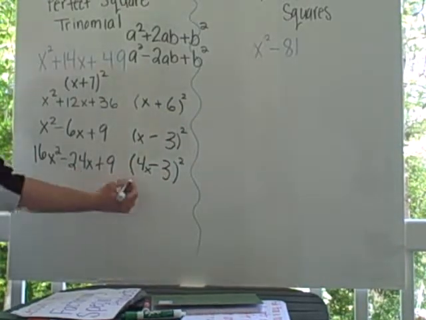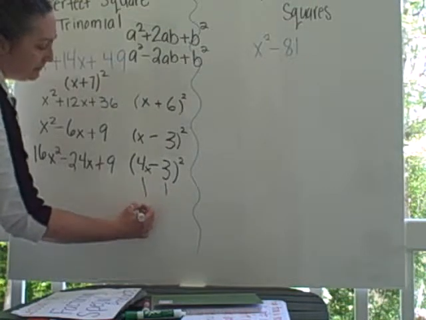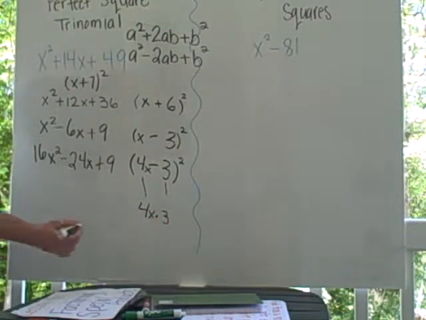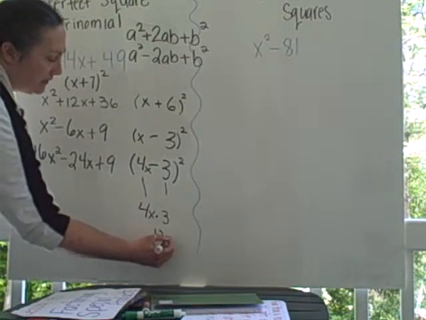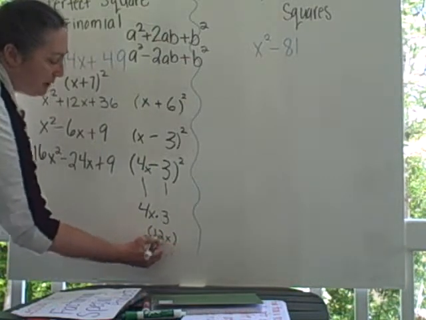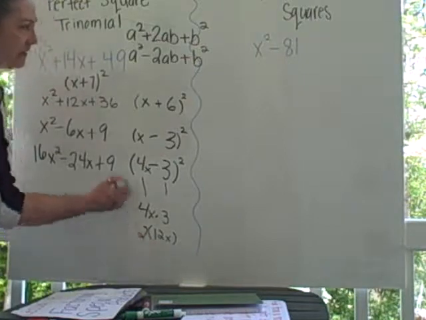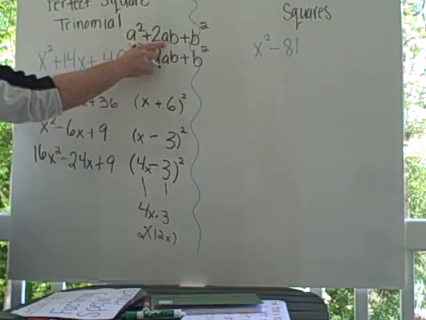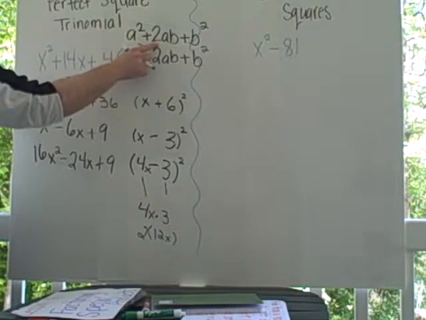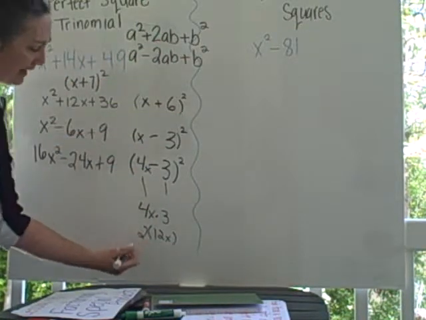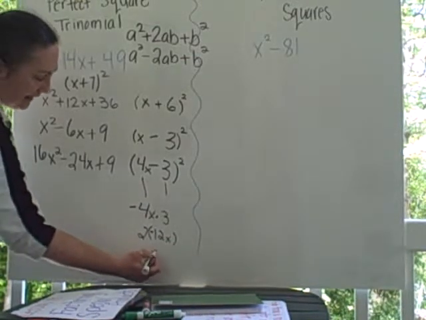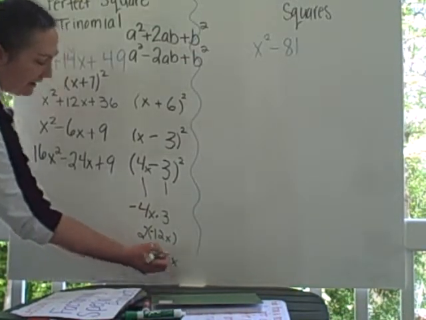Now, when I multiply these two things times each other, 4x times 3, I get 12x. When I take that and multiply it times 2, remembering up here I have to multiply them times each other, and then multiply that times 2, in doing that, this is a negative, so this would be a negative 24x.